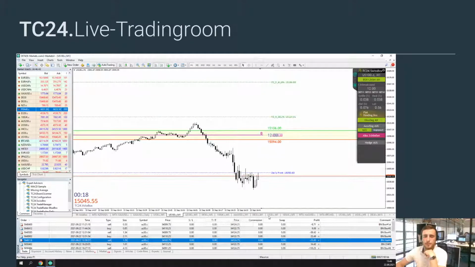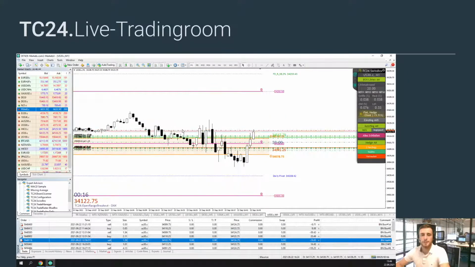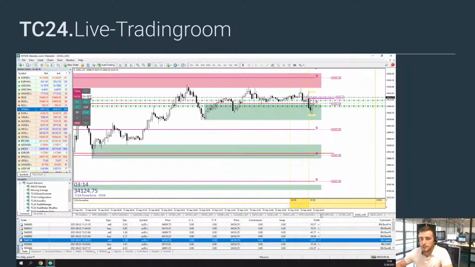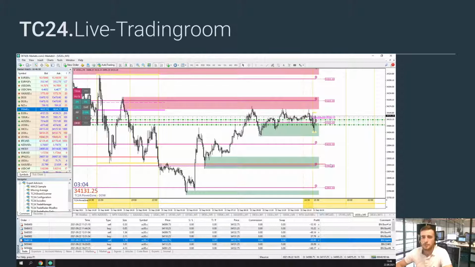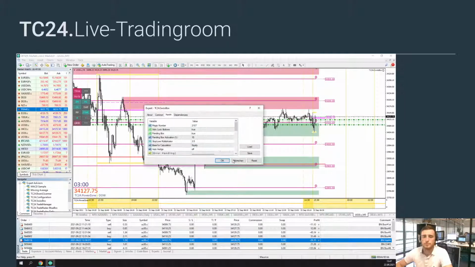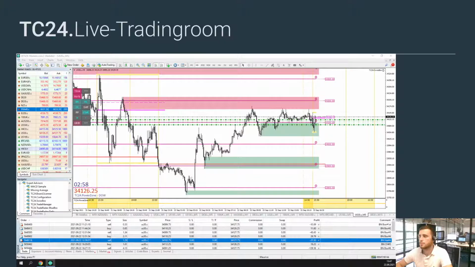But terrible opening there. What we can do actually is come over to the power zone over here, on Dow Jones. Put a Swiss box into the chart.